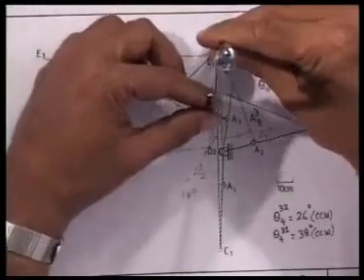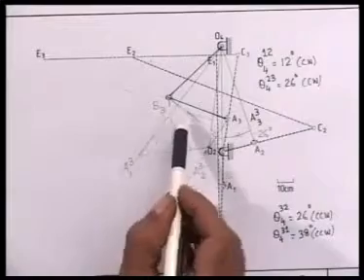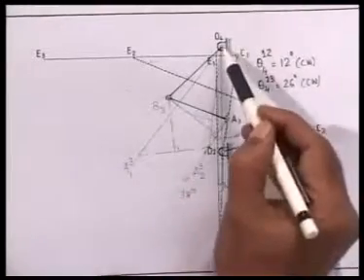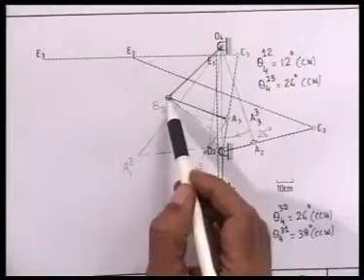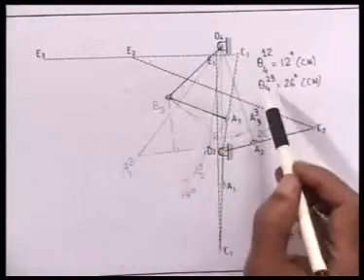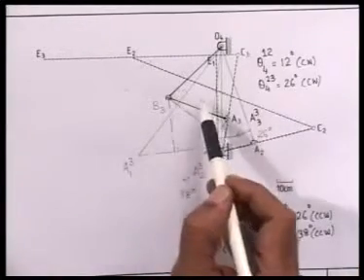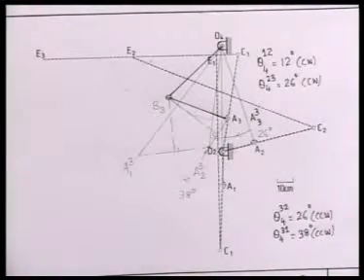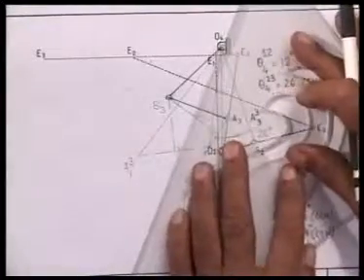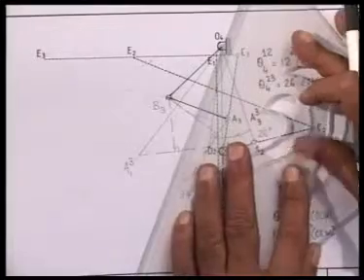Because the link O4B is a fixed length, the point B moves on this circle with O4 as center and O4B as radius. And the rotation of the fourth link, this O4B, from second to third position is 26 degree clockwise. So from third to second, it will be 26 degree counterclockwise. So I draw a line at 26 degree from O4B3.